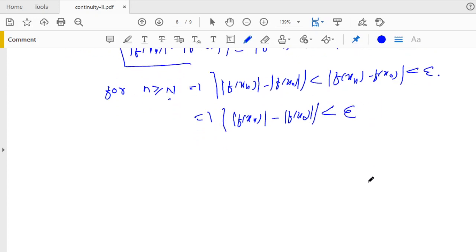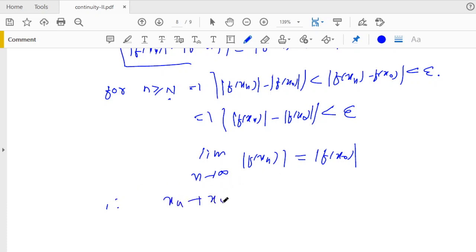Therefore, by convergence, limit n goes to infinity, mod f of xn converges to mod f of x naught. That means for any sequence xn in the domain of the given function converging to x naught, mod f of xn converges to mod f of x naught.